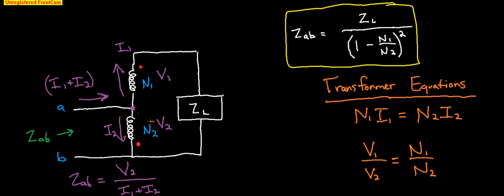So when you go back and rework this problem, everywhere that you had one of your V's, it's going to become a negative term. If you work it out fully, you'll get the same expression, except the negative will cause you to get Z of L divided by 1 minus N1 over N2 squared.